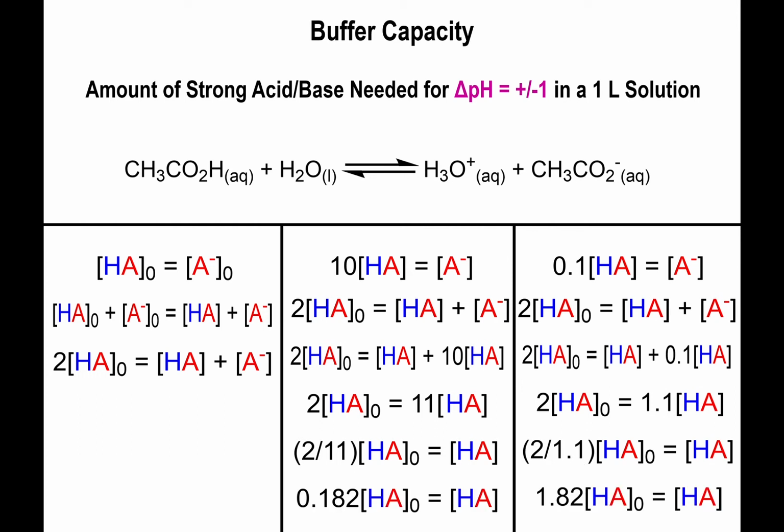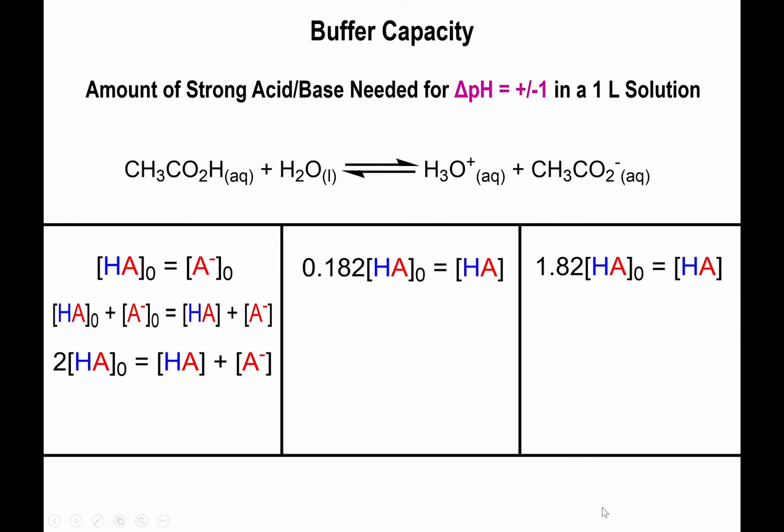And what this tells us is that the final acid concentration is going to be 0.182 times the initial HA concentration, or it's going to be 10 times more than that. Alright, so we're almost at the point where I'm about to provide you with a proper equation. So if this is the value of the final concentration in terms of the initial concentration, then all we have to see is the change.